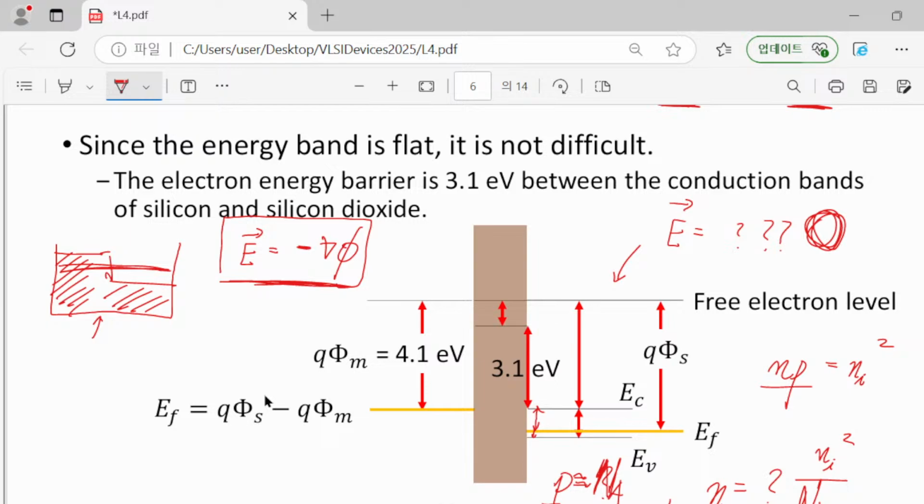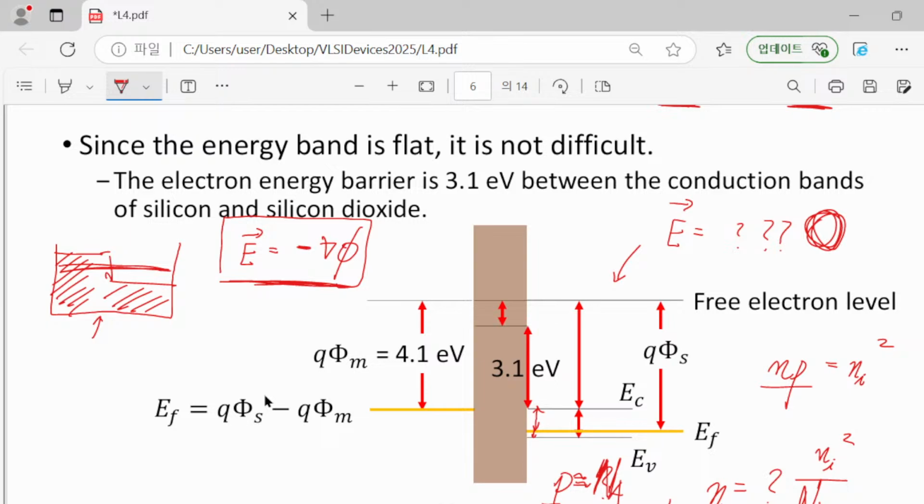So the flat band case gives us just a uniform solution. Everywhere inside the silicon, the hole density is given as the acceptor density, and the electron density is given as the minority carrier density corresponding to the p-type N_A case, and there is no electric field. So it is really a good starting point for our next calculation.